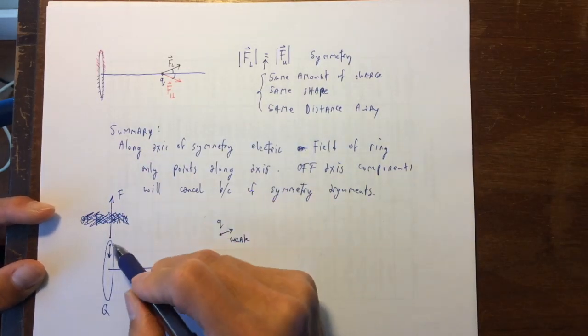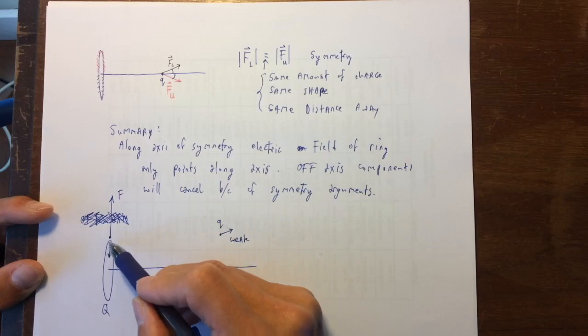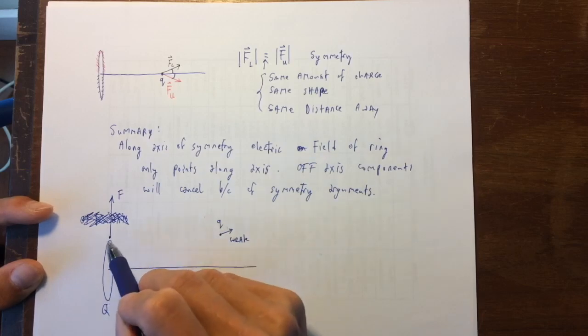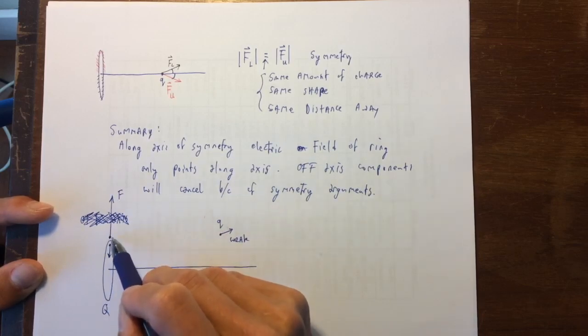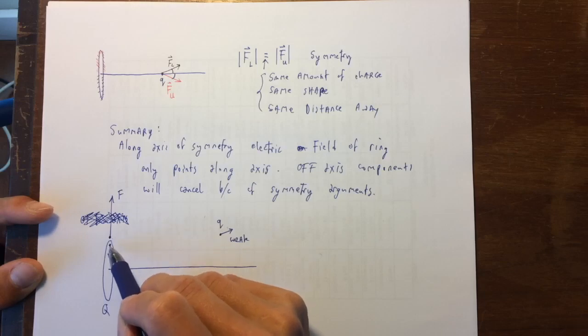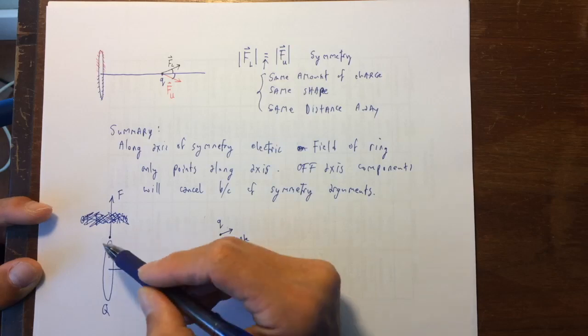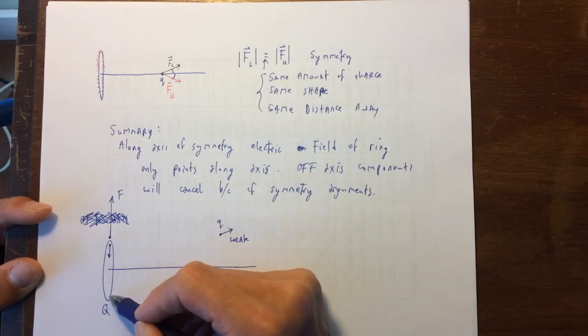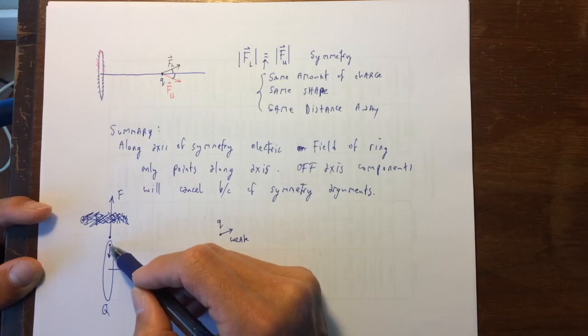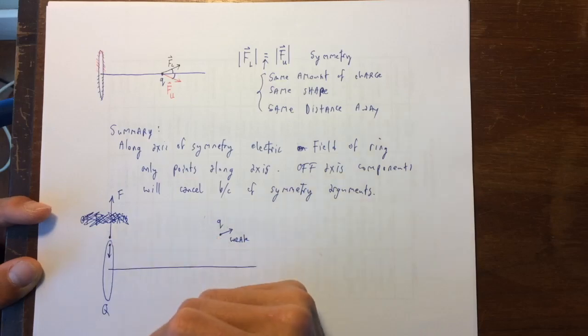And the reason is because on the top side, all of the charge is pushing upwards on the test charge. But on the bottom side, some of the charge is actually pushing down, and that charge is close. And the rest of the charge is further away, but it is pushing upwards on the charge.